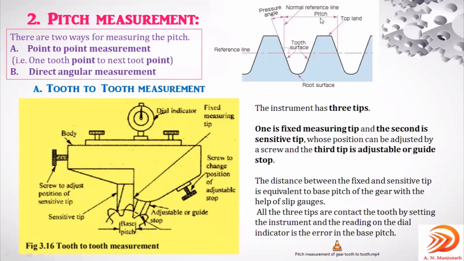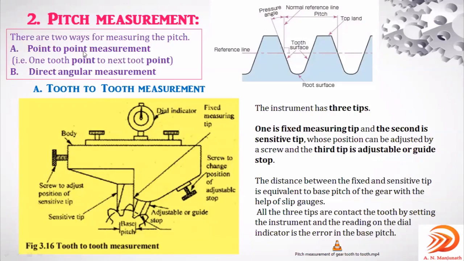There are two ways of measuring the pitch for the given gear blank. For the inspection of the pitch, there are two ways. One way is called point to point measurement. The other way is direct angular measurement.